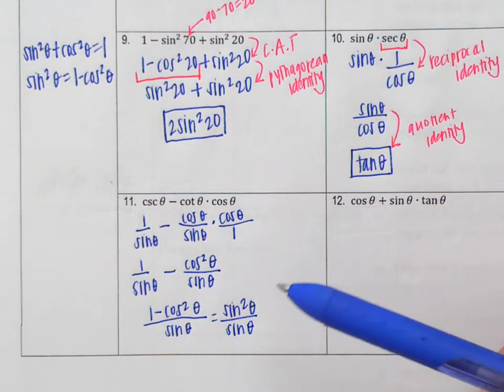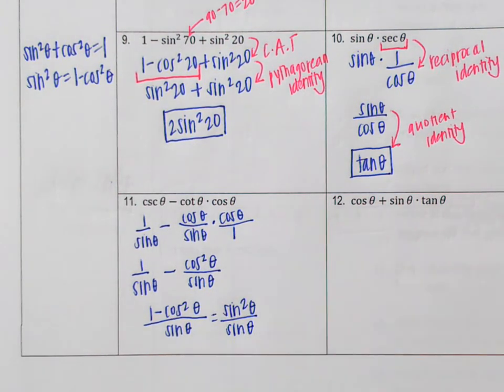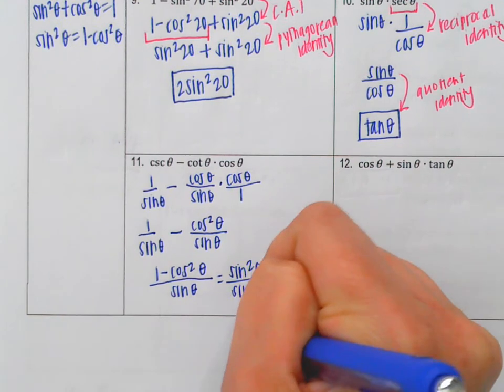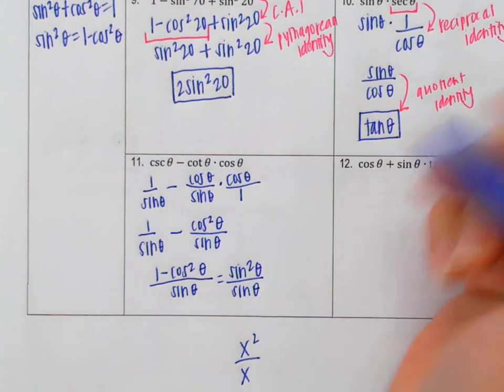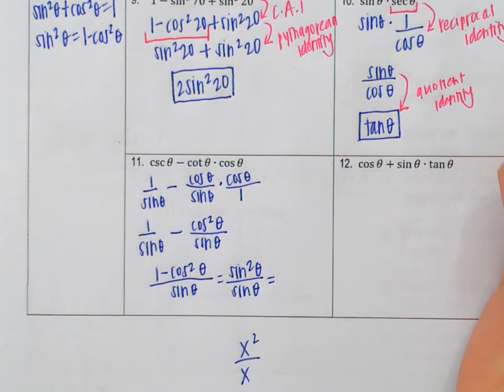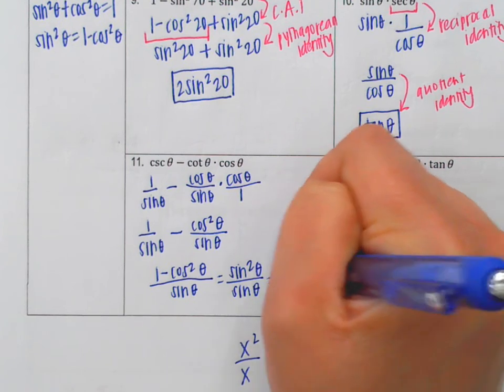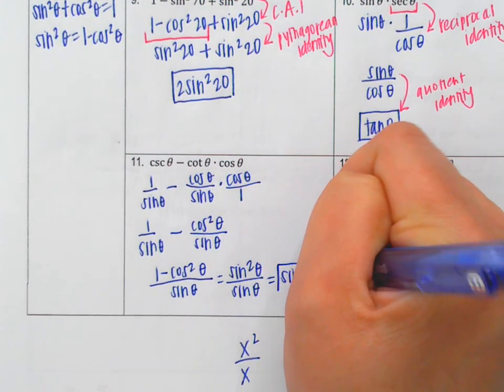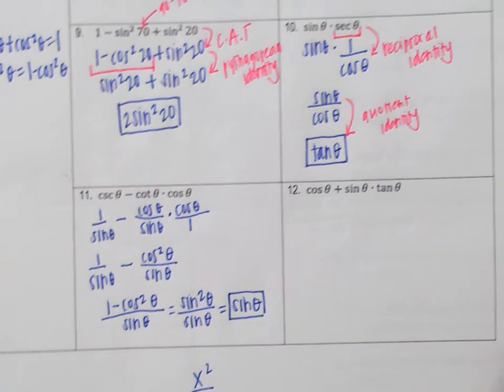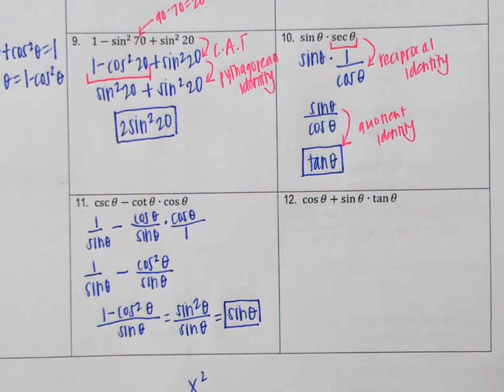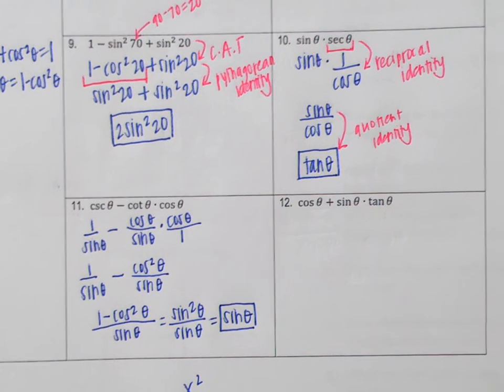And then sine squared theta over sine theta is the same as if you were to think about x squared over x. X squared over x would simplify to be x, right? So sine squared theta over sine theta gets me sine theta. That one's a little bit more of a doozy, but those are the ones I like. So those are a little bit more fun, I think.